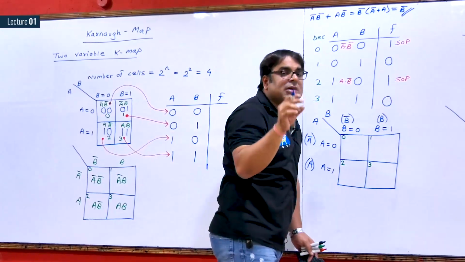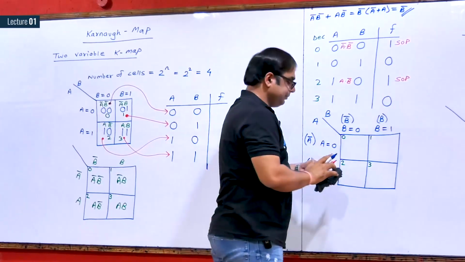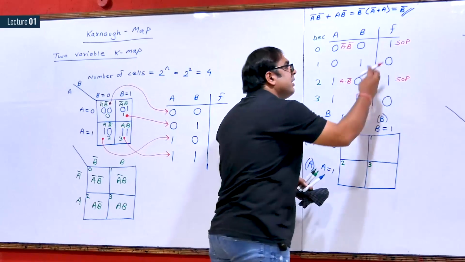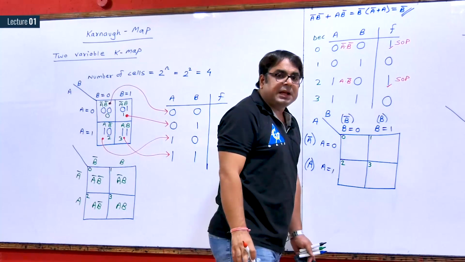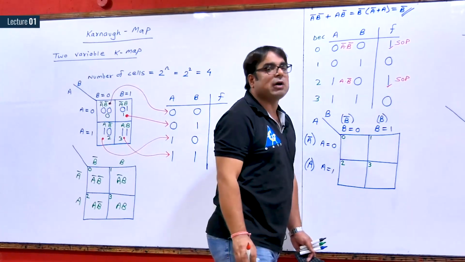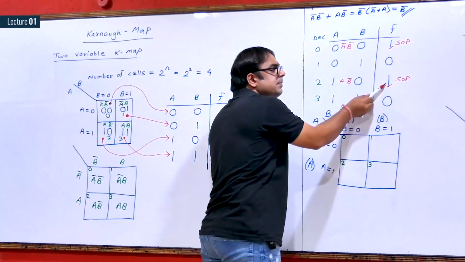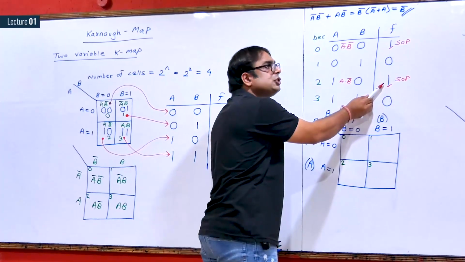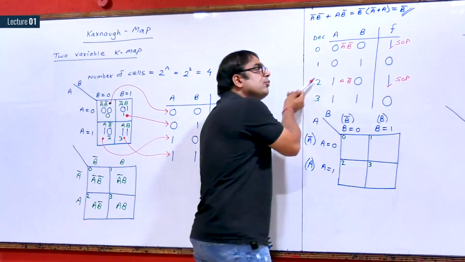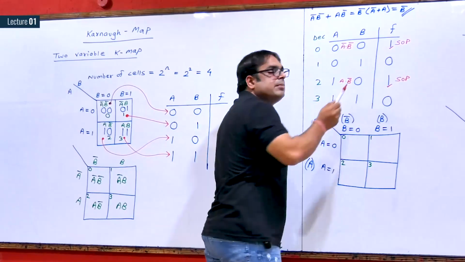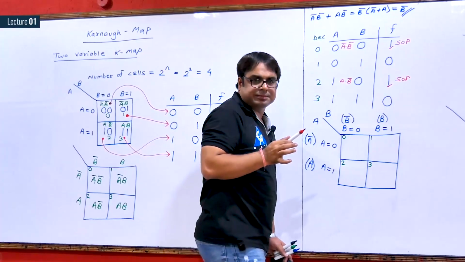Now the same thing we want to try using K-map. First point: for SOP, you have to target the ones in the output column. See, this min-term and this min-term. What are the combination numbers in decimal? This is 0 and this is 2. What do these min-terms exactly mean? They are where the output function has value 1.